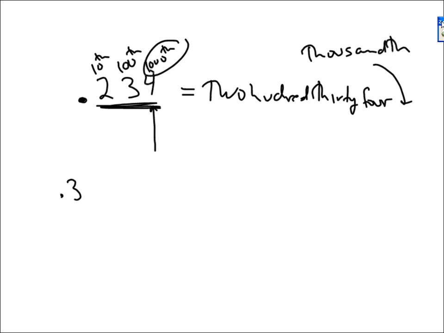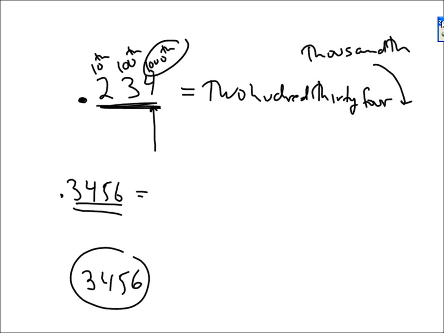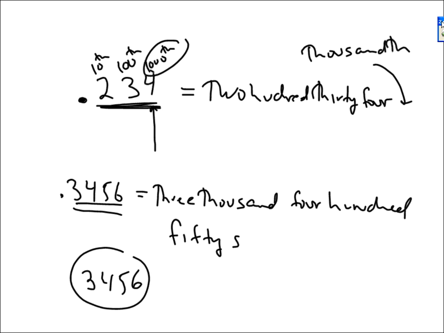If you had 0.03456, first write down this number, 3,456. Notice I'm not underlining the decimal. Just write down this number. There's no decimal there. It's 3,456. Now I have to say 3,456 what?